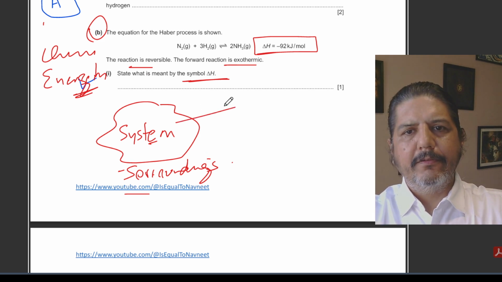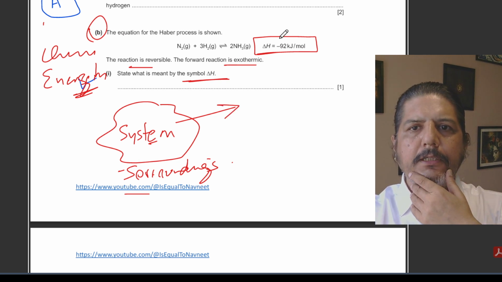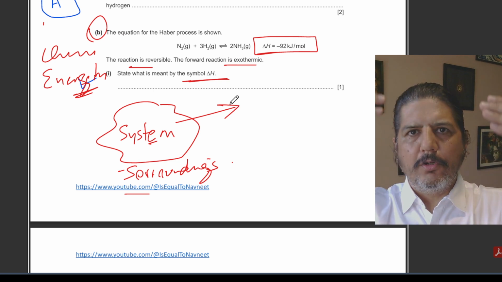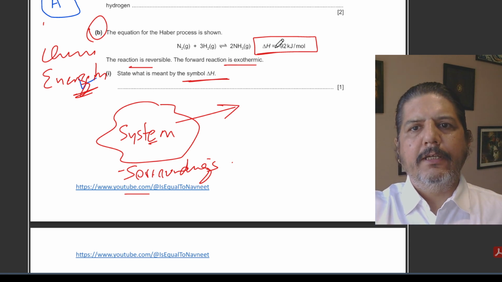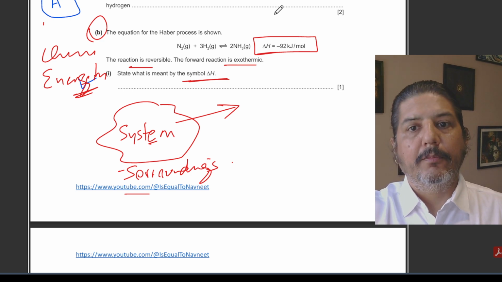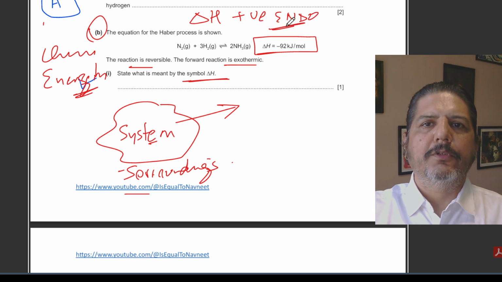Because net heat is given out, that is why you'll see a negative sign here. This negative sign implies that at the end of the reaction, the system has lost energy. So whenever you see a delta H negative, remember it's an exothermic reaction. And if you see delta H as positive, that's an endothermic reaction. I hope this is clear.